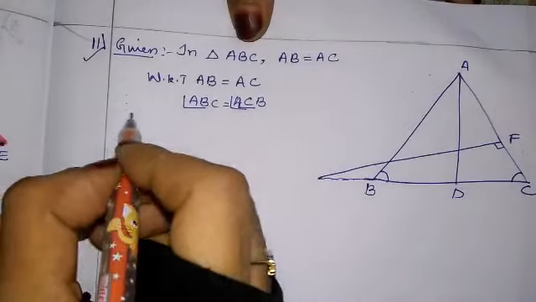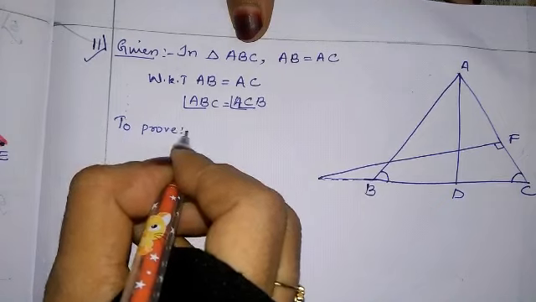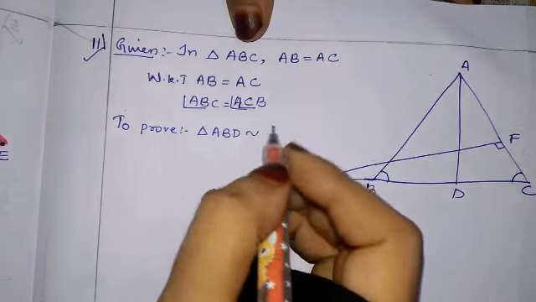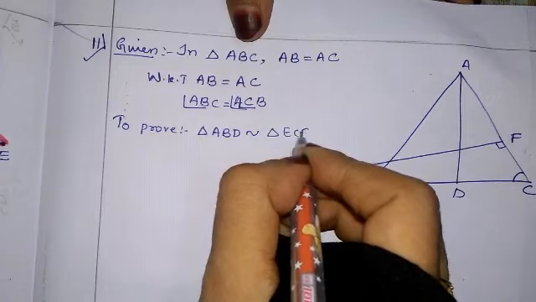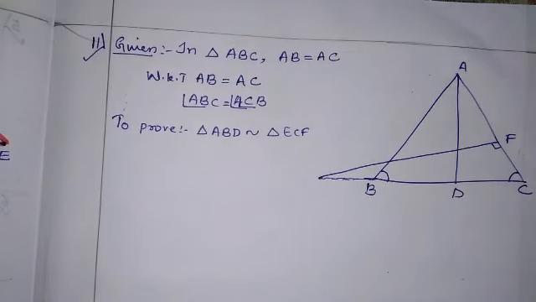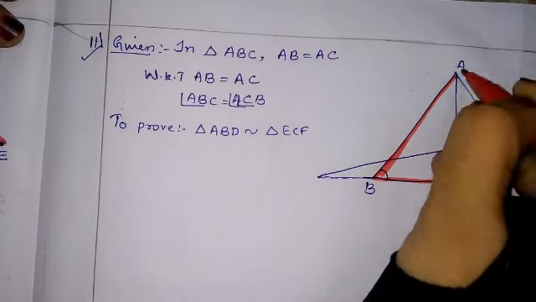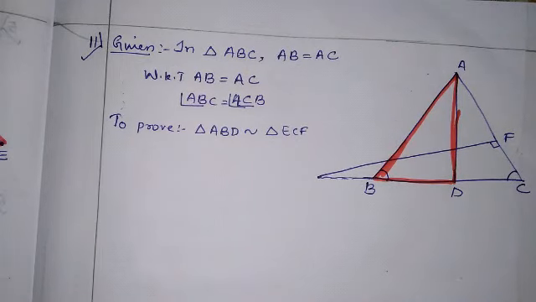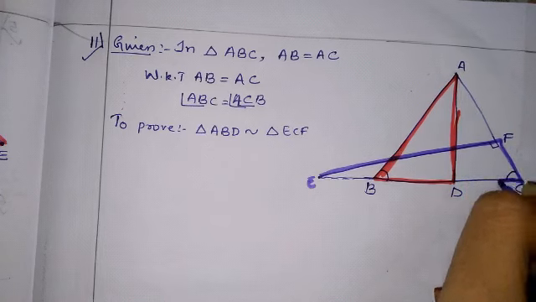They have told us to prove triangle ABD is similar to triangle ECF. Let me highlight first. This triangle ABD is similar to triangle ECF. Okay, this is E. These two triangles are similar.